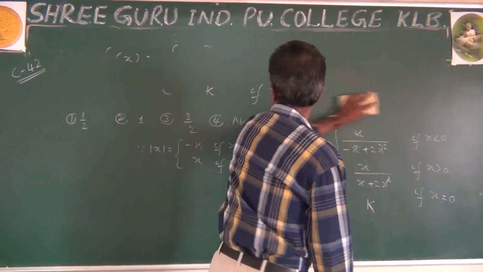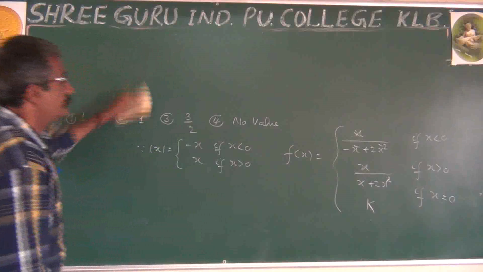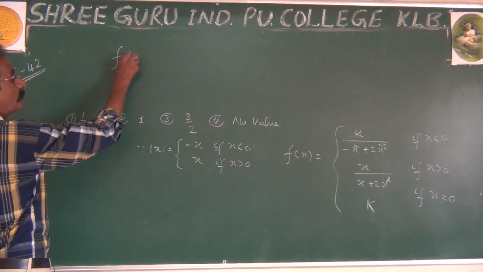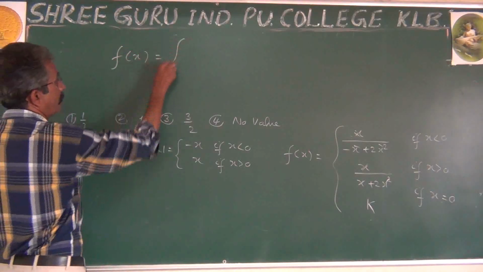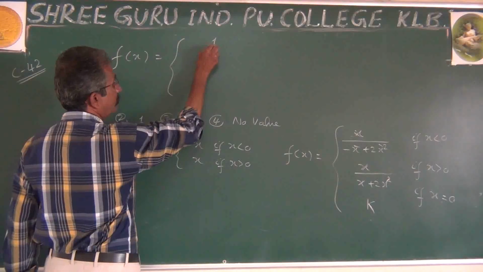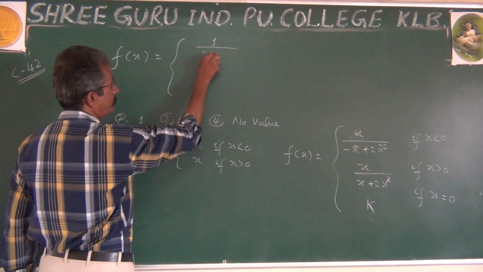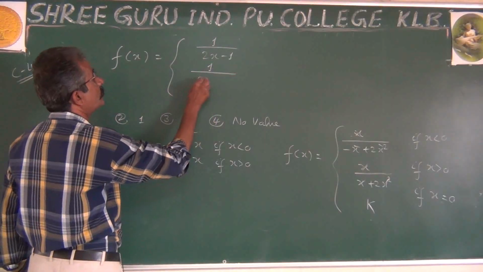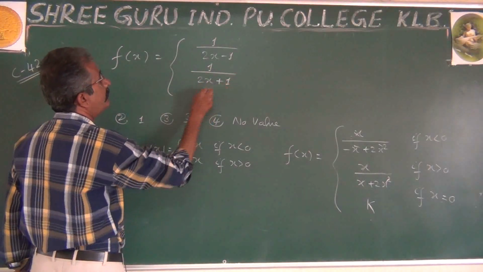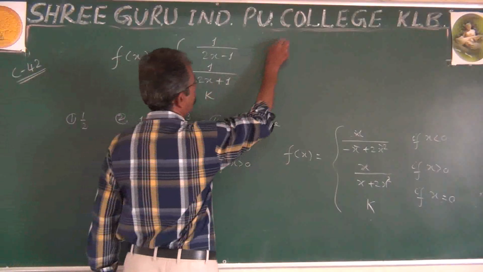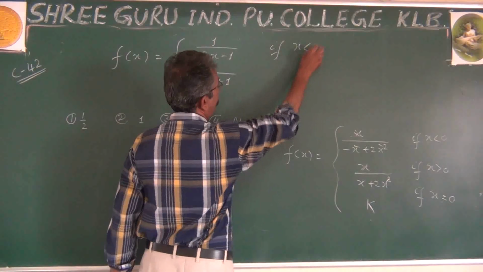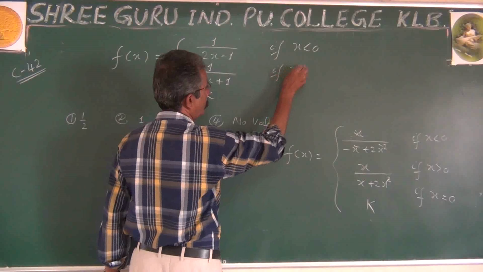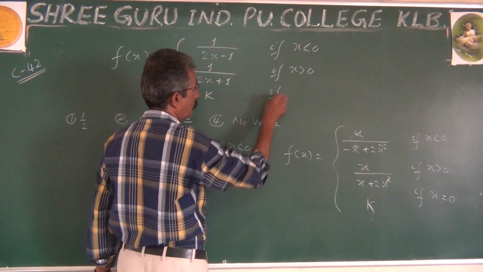That means f(x) equals 1 divided by 2x minus 1, 1 divided by 2x plus 1, and k, if x negative, if x positive, and if x equal to 0.